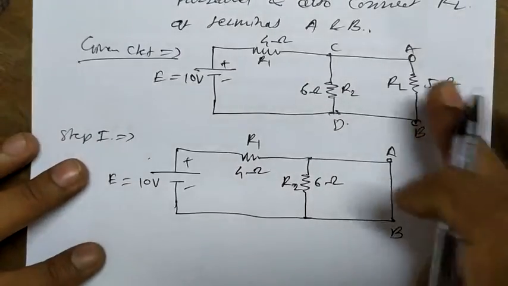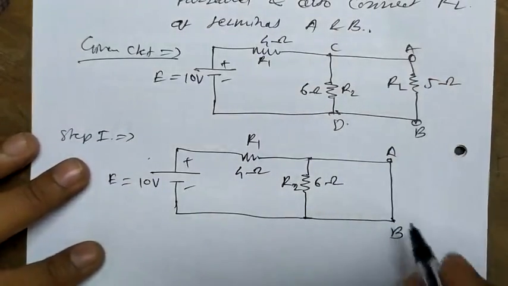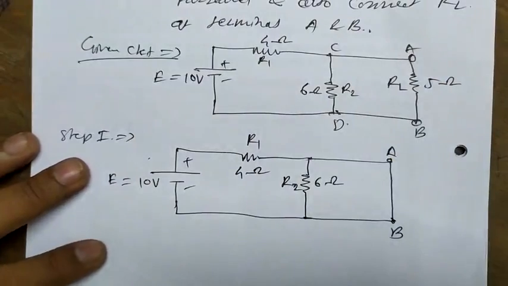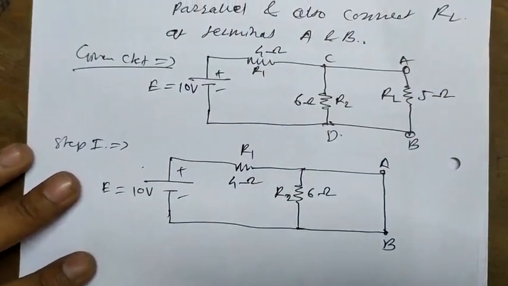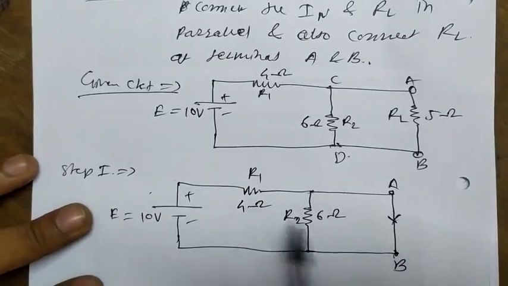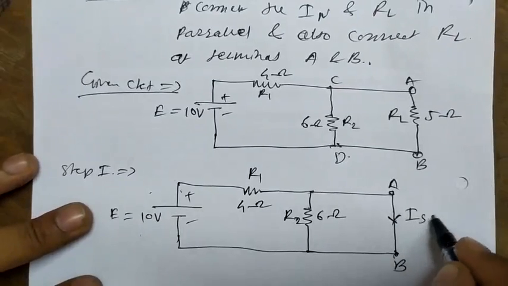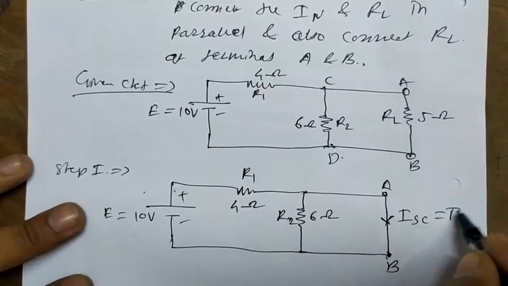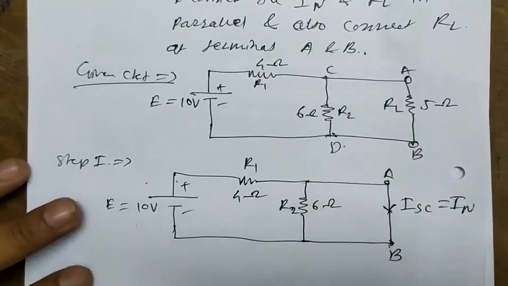Now we have disconnected RL and put a short across terminals A and B. Now we have to find the current. If we place the short, all the current will flow through this circuit, and this current we call the short circuit current, which is nothing but the IN. Now we have to find out the IN.